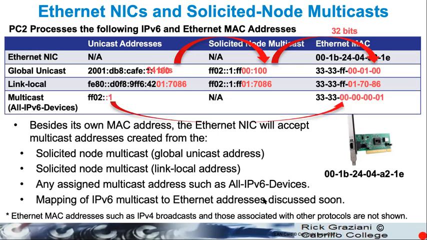Because I'm enabled for IPv6, I'll also accept any multicast MAC addresses associated with the multicast address, all IPv6 devices, which is sent out as a multicast in the Ethernet frame. Okay, so multicast is always much better because it allows the NIC card to possibly filter the frame without having to pass it up to other processes like IP or ICMPv6 before the device makes the determination whether it needs to process it or not.